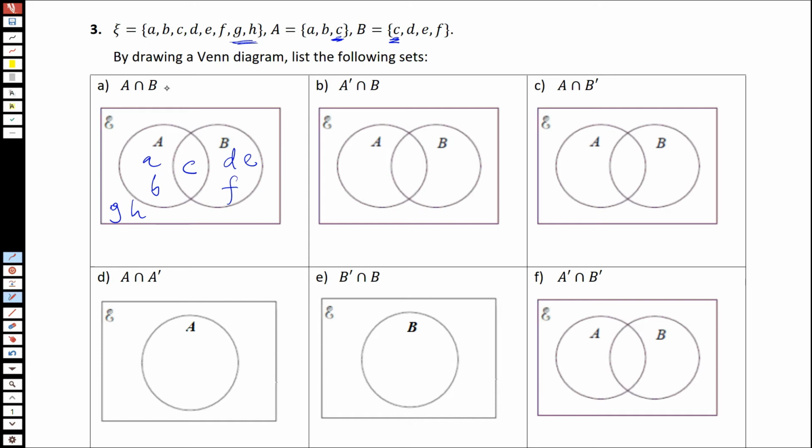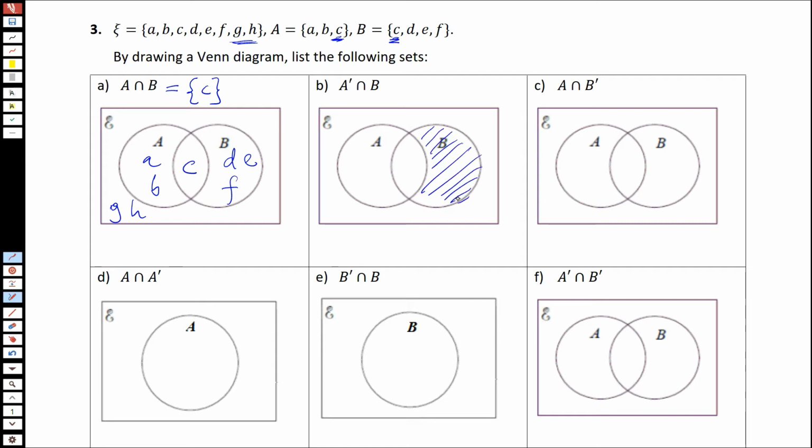So if you want what is in common in both of these, that will basically be element C, and that's the element that is in common in A and B. Here we want just B. Now just B will be that.